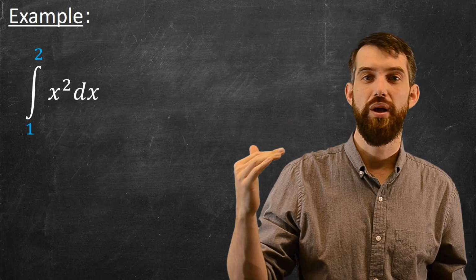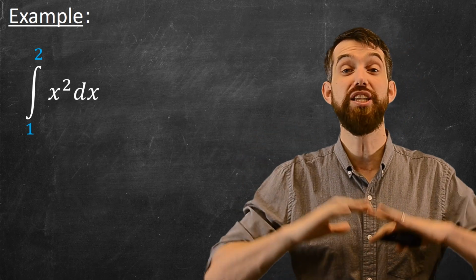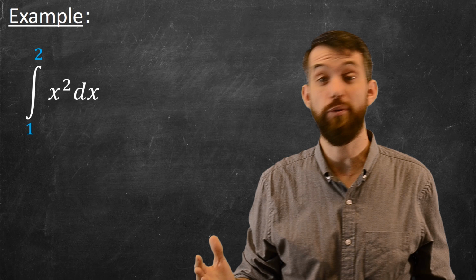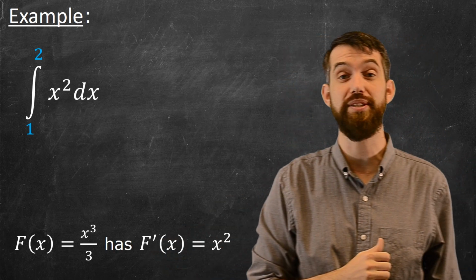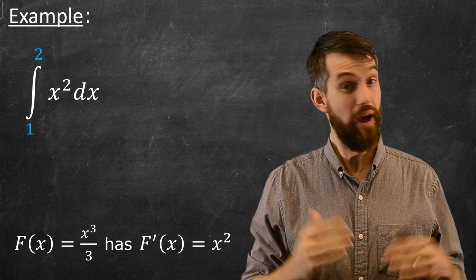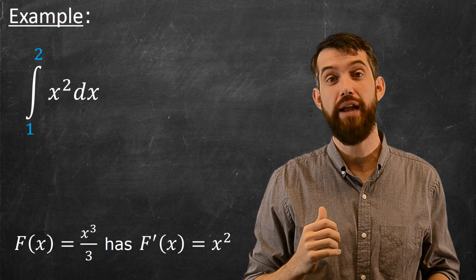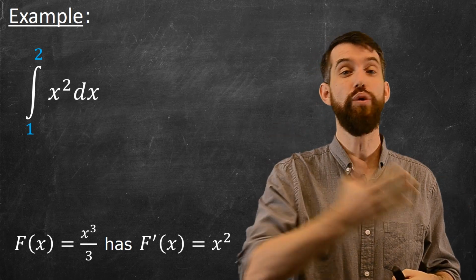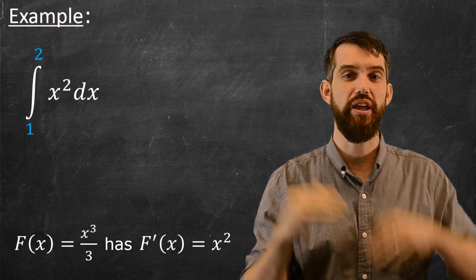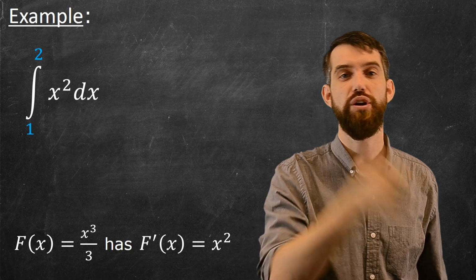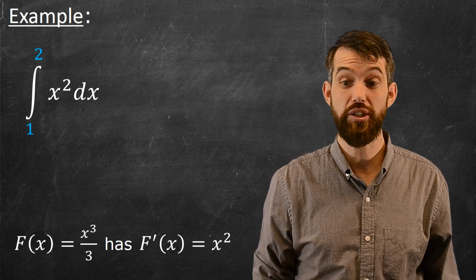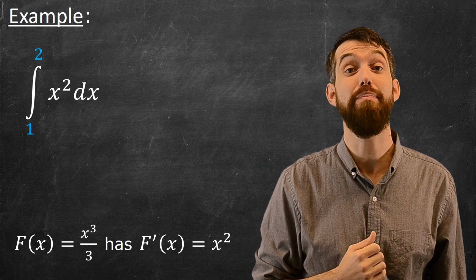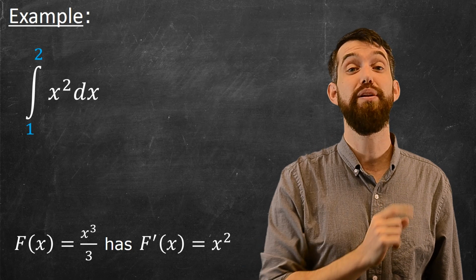Alright, so let's see how this plays out in the specific example of the definite integral from 1 to 2 of x squared dx. First thing I need to do is find an antiderivative. Well, what about this particular function here, x cubed over 3? I can verify that the derivative of that, by the power rule, is 3x squared divided by 3, the 3's cancel, and I'm just left with x squared. So that's not so bad. That's going to be my antiderivative. Now, what does the fundamental theorem of calculus say?